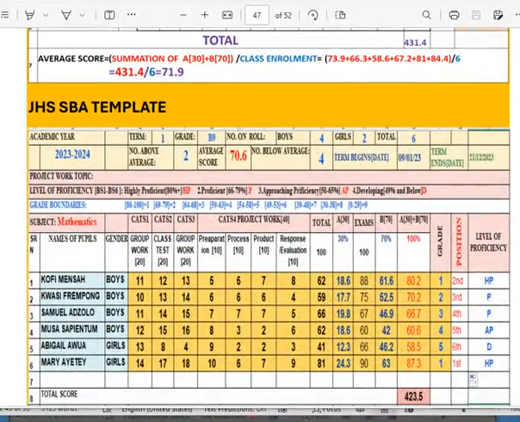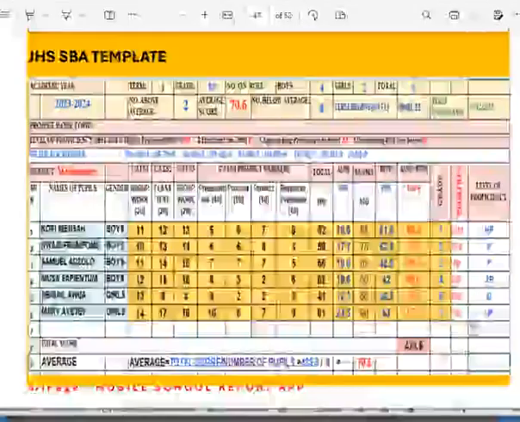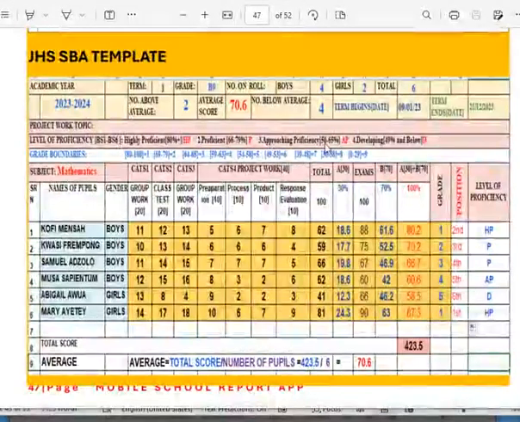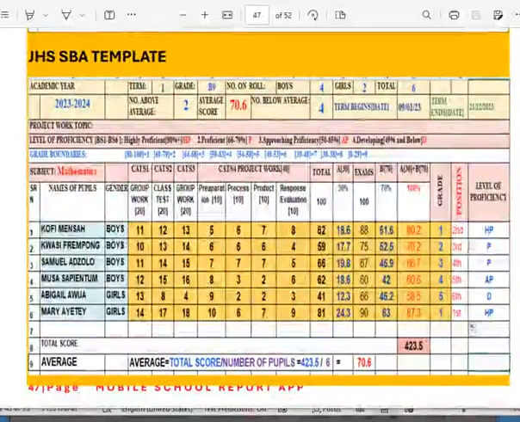The only difference at the GHS is that the determinants of the level of proficiency are quite different from those of the primary and KG. So let's take note: 80% and above, the child is rated highly proficient. The source of this information is the National Assessment Framework.